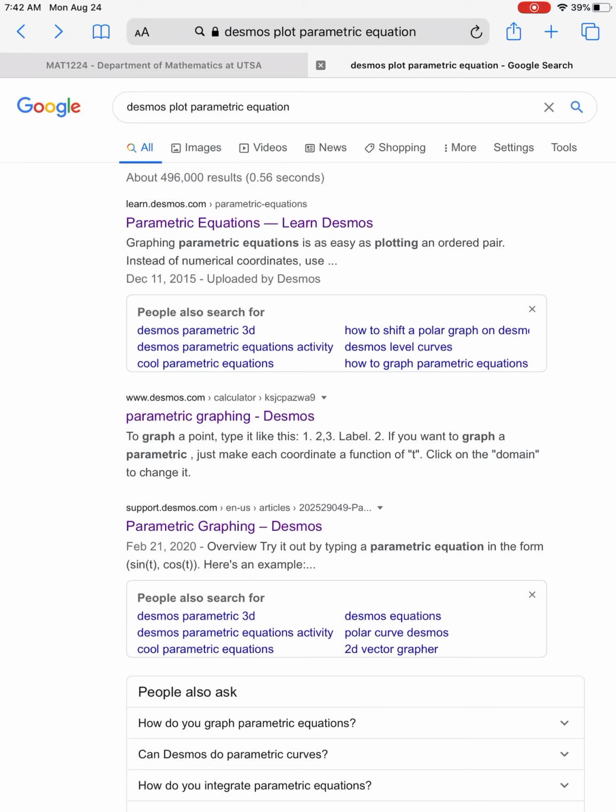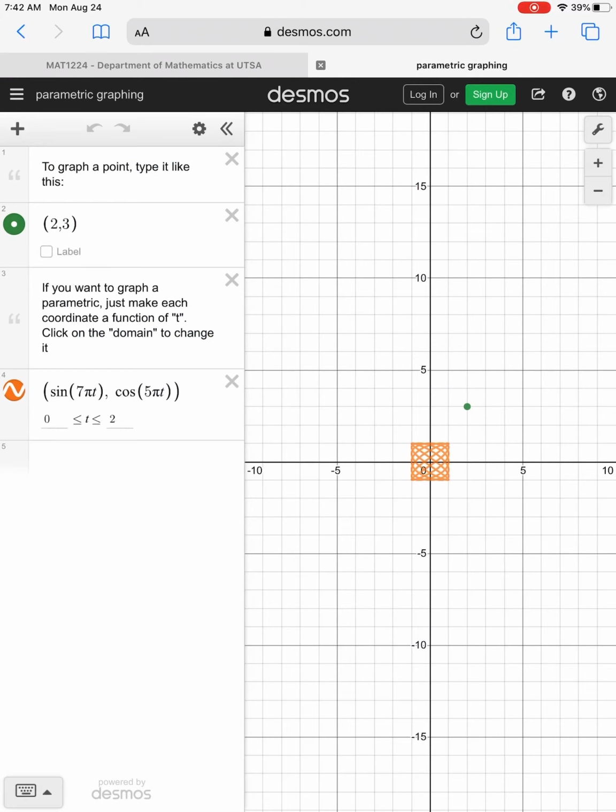So in order to plot parametric equations, we can make use of Desmos. So here you might try, just in your favorite search engine, search for Desmos plot parametric equation. And there's a few different links here. I believe this second one will take you directly to the plotting tool.